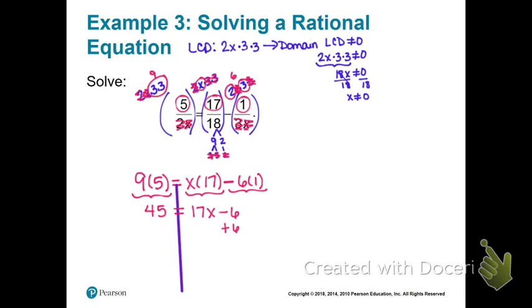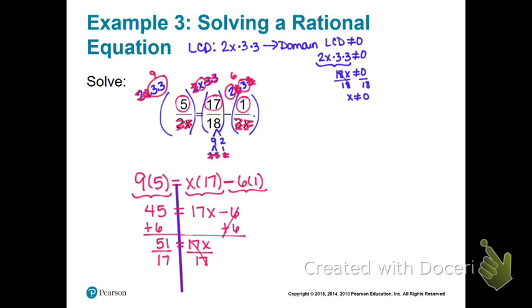Okay, add the 6. So 45 plus 6 is 51 equals 17x, and negative 6 plus 6 cancels. Now what? Divide by what? Good, divide by the 17, because that's what we're trying to get rid of.